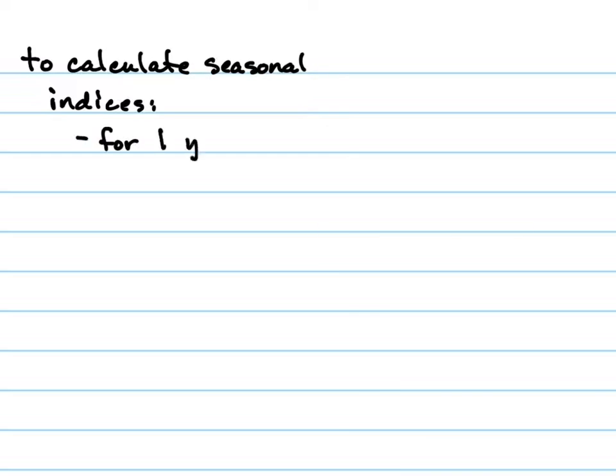To calculate seasonal indices, and you don't have to memorize all of these, but you need to know how they work, there are two methods. Well, not one method, but two different ideas. If you only have 1 year's data, then it's a one-step process.